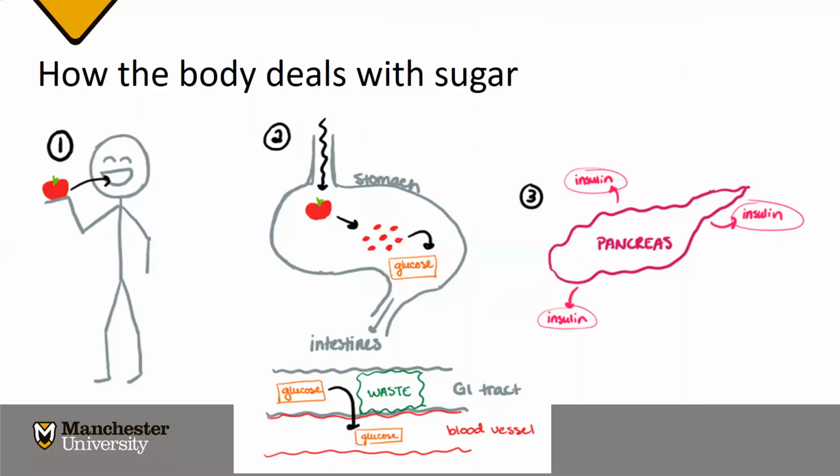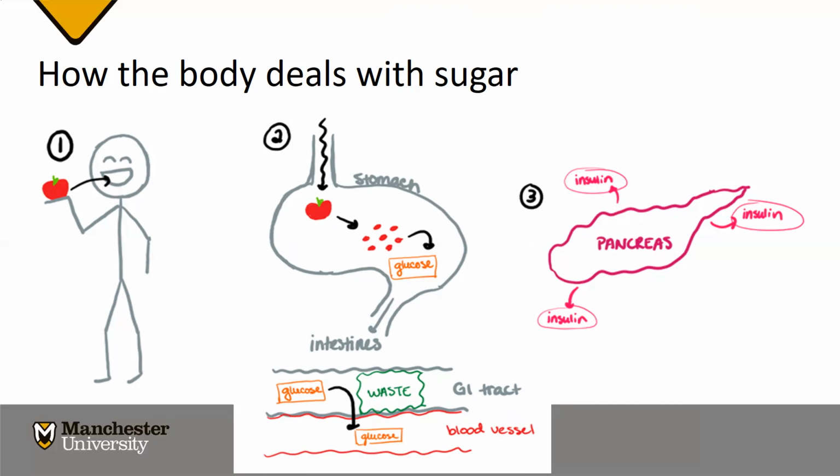So just to walk through what our body does with sugar. You eat something, say an apple, it goes down to your stomach, where your stomach breaks it down to its simplest form, which would be glucose. That glucose then travels into your small intestine, where you get a large portion of your absorption. And then that glucose, like I said, absorbs into the blood vessels and travels into the blood system.